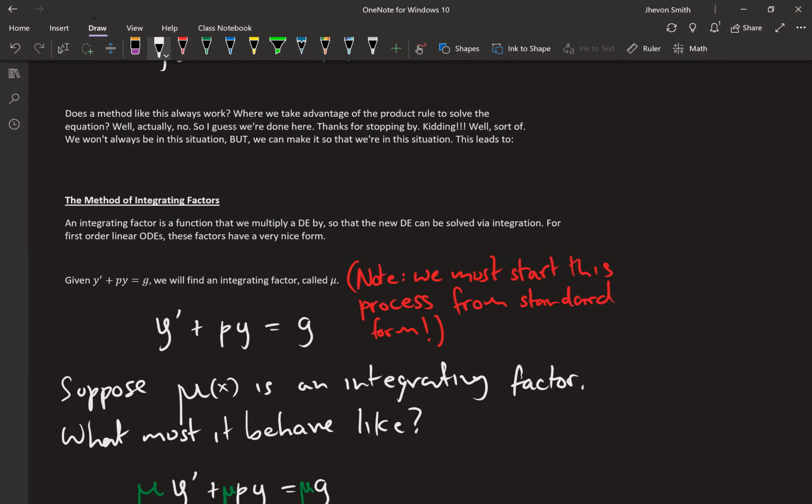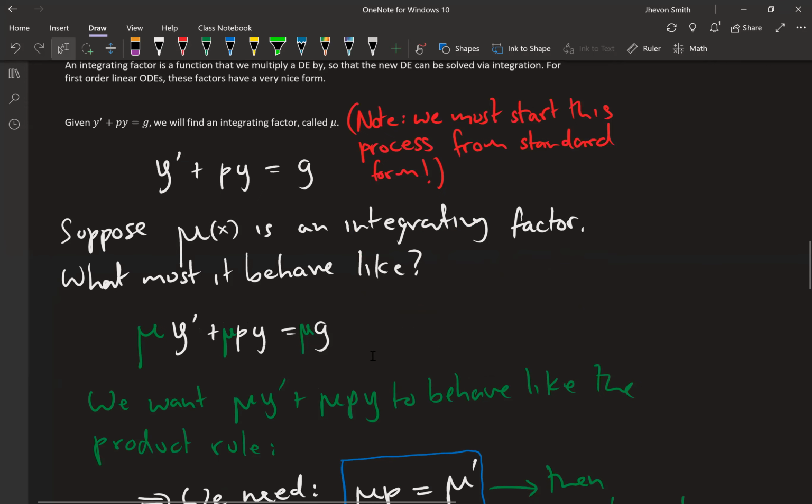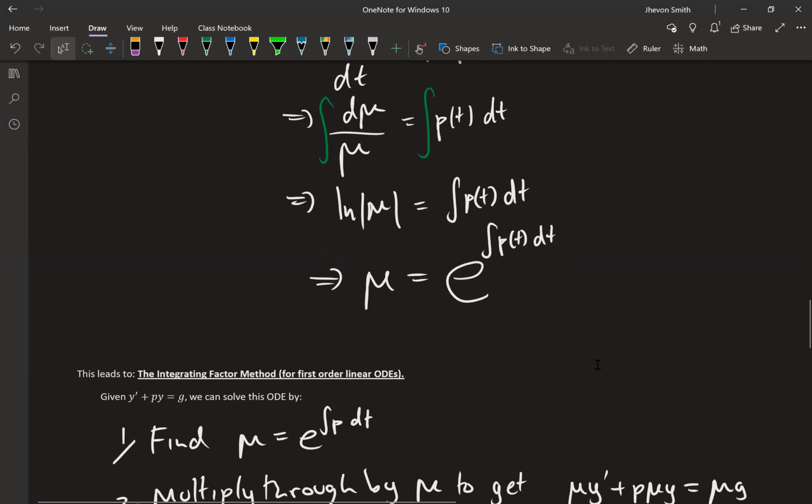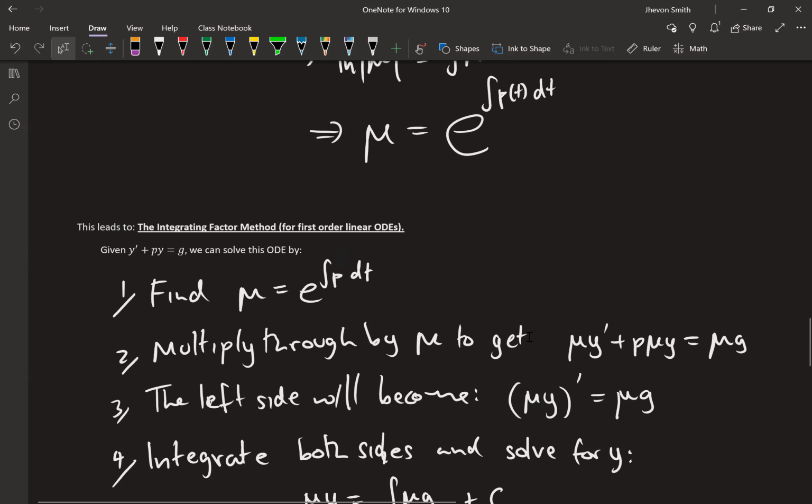Now, assuming I put it in standard form, P is the coefficient of y. All I need to do is find e to the integral of P. I'm going to multiply through by that function. It will transform the left side into the product rule, and this allows me to solve the ODE.